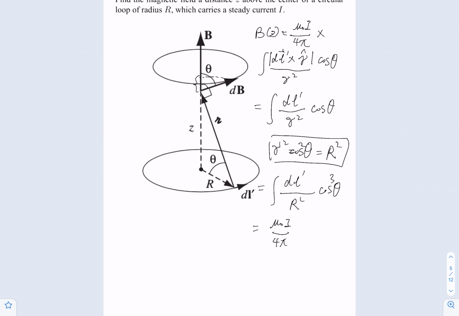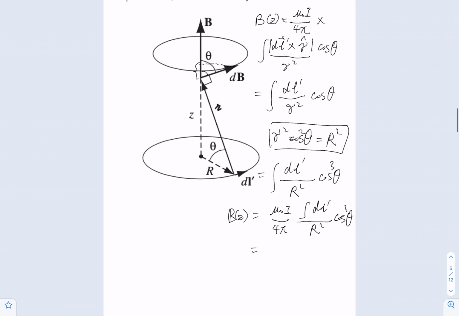Because this cosine theta and r squared do not depend on the integration variable, they are all put outside of the integral, and so the integral gives 2 pi times r.